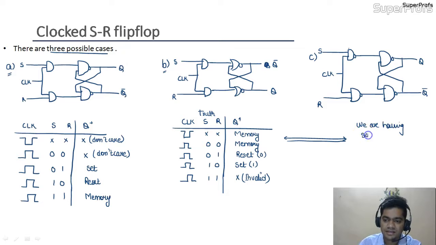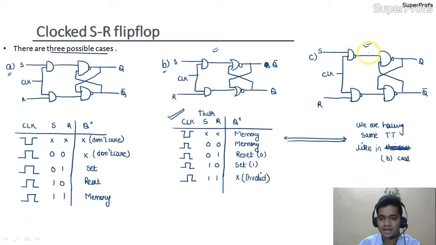We are having the same truth table like in this case, like in B case. Okay, so for SR flip-flop we have to learn this table only, so it would be valid for this clocked SR flip-flop and for this clocked SR flip-flop.